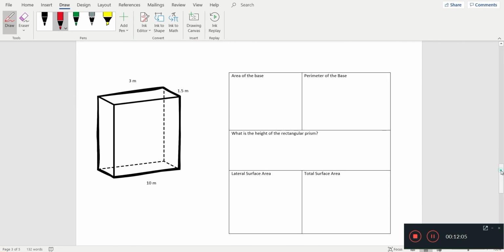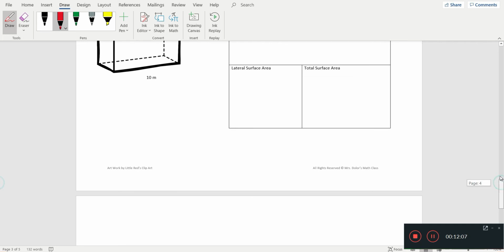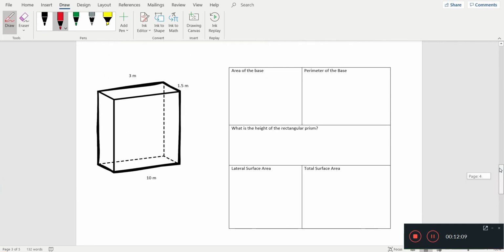Okay. So we are now on the last part of the worksheet. You're going to shade again the bases. This one, it's nice to use the top and the bottom. The area of the base is A equals length times width, right?